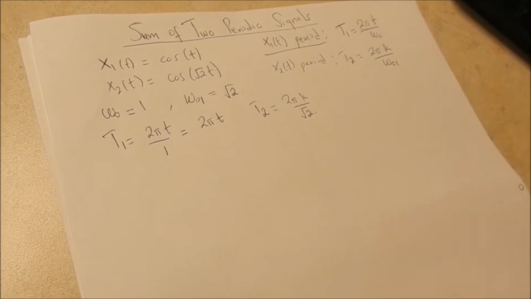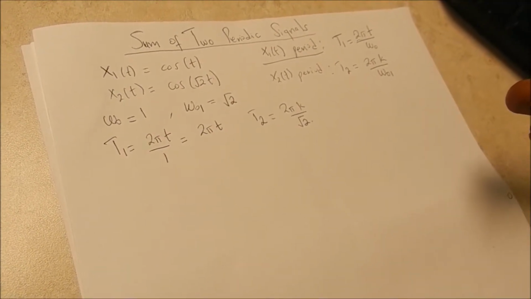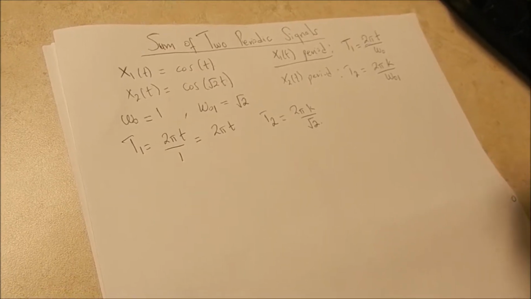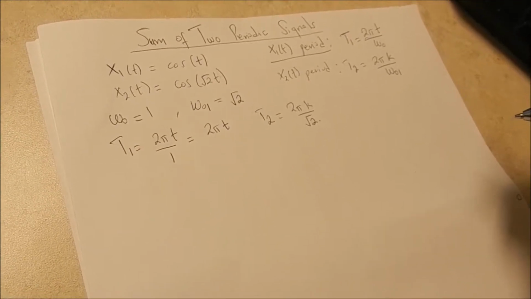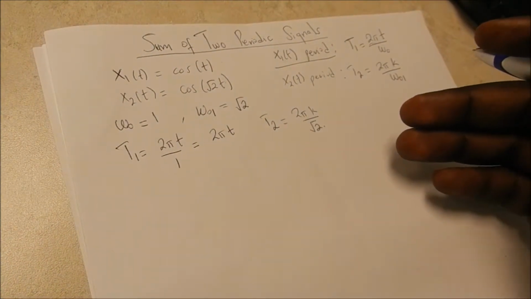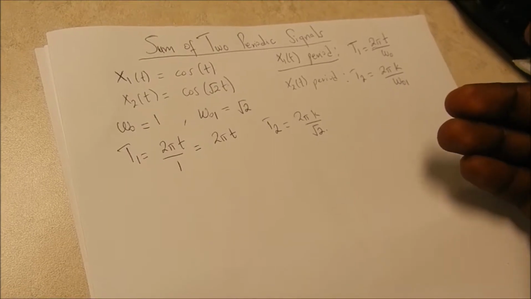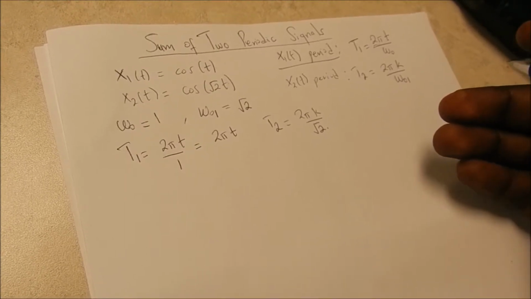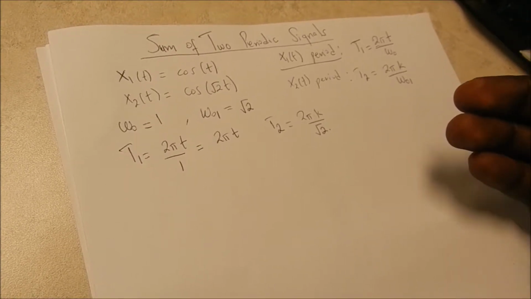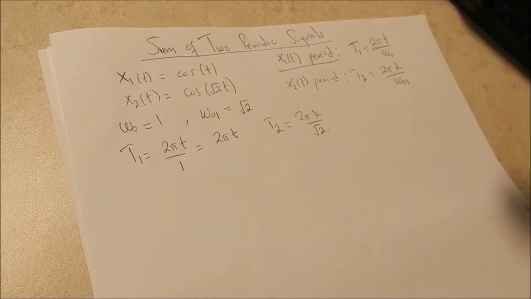Now, you may ask yourself, why am I going through this? I'm going through this because lately I've been getting a lot of questions related to adding two periodic signals. So the question is, what happens to the fundamental period if you add two periodic signals?